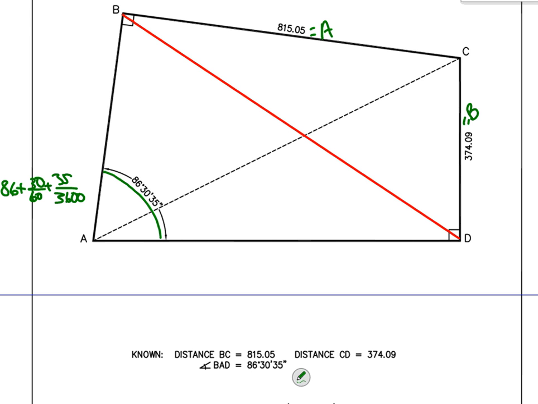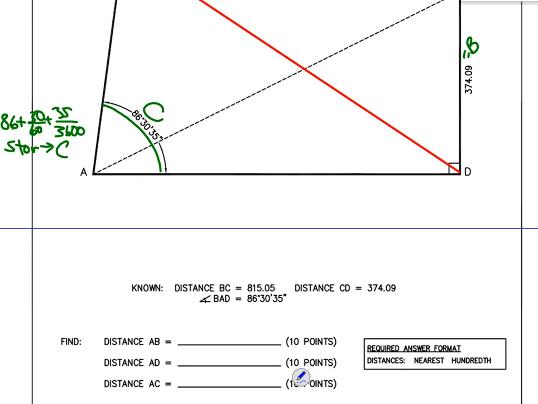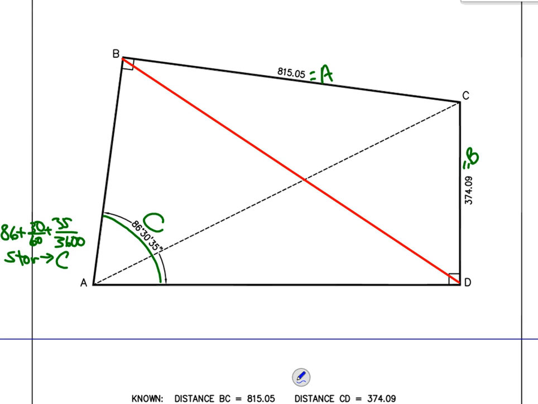Then enter, and store that as alpha C, because we're going to have to draw from those repeatedly as we go through this. So the first thing you want to find, and essentially you have to find only distances. All of the angles that you find, you don't have to change into degrees, minutes, and seconds, you're just going to store them as a letter.